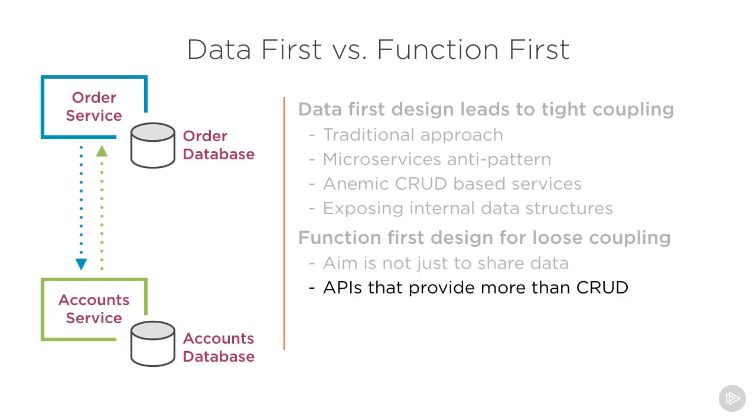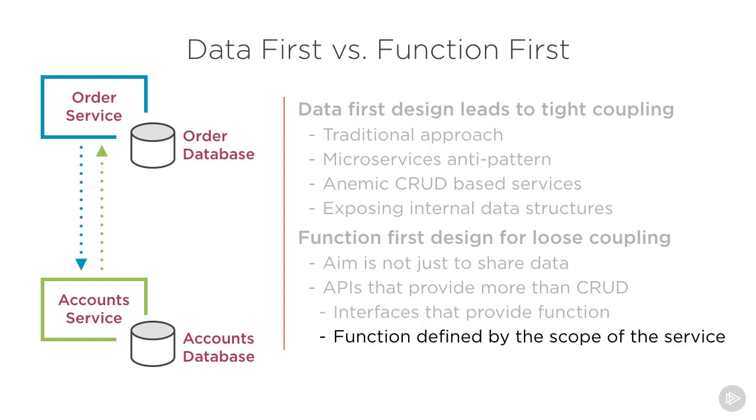We instead are trying to create microservices that represent a specific business function or a business domain. We instead have services that are more than just CRUD-based operations for entities they represent. Instead, we end up with services which have interfaces that provide a function, and that function is defined by the scope of the service.